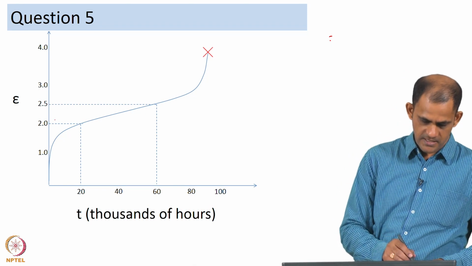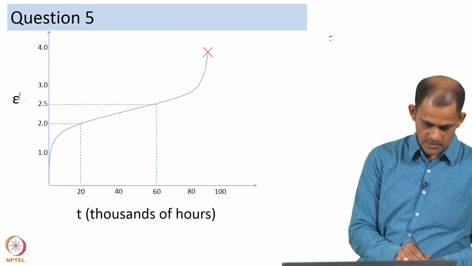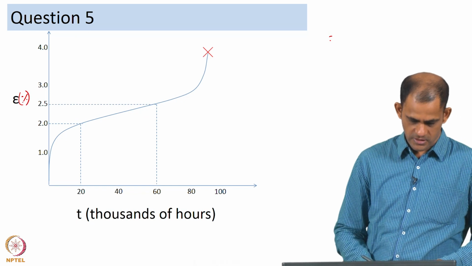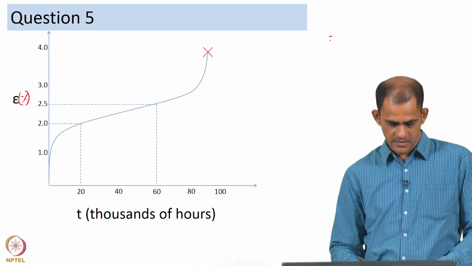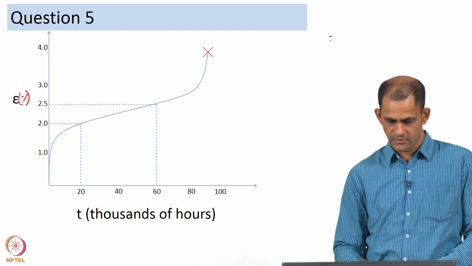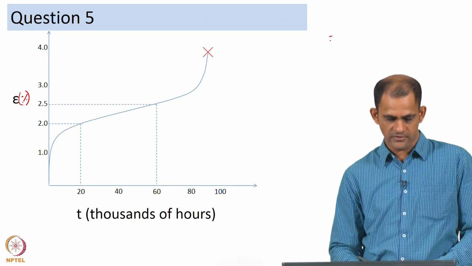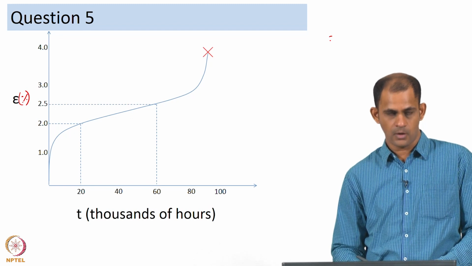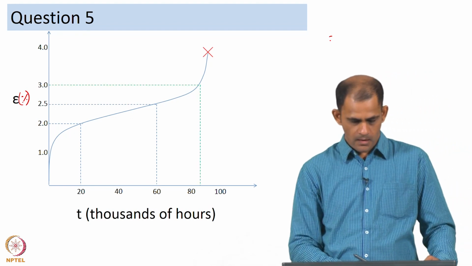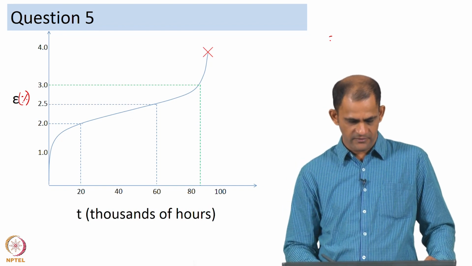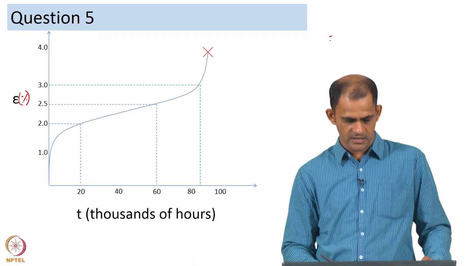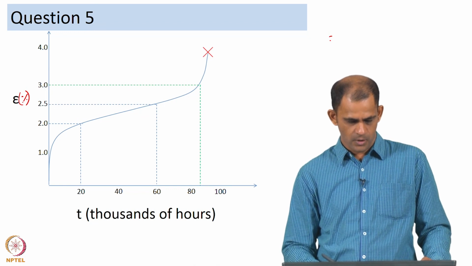It is experiencing a plastic strain, and this is going to be percentage. It is experiencing a plastic strain of 2% after 20 hours, and 2.5% after 60 hours of operation, and experiences around 3% plastic strain after 85 hours of operation.